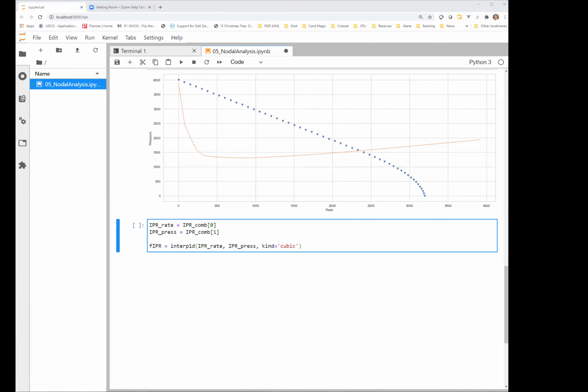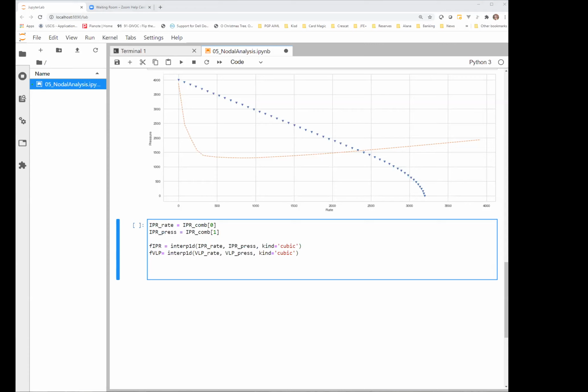And we can do the same for the VLP. So what we have here is just two functions to obtain the VLP and the IPR for any value of rate that we assume. It's very simple, and of course, we are taking advantage of this powerful library.